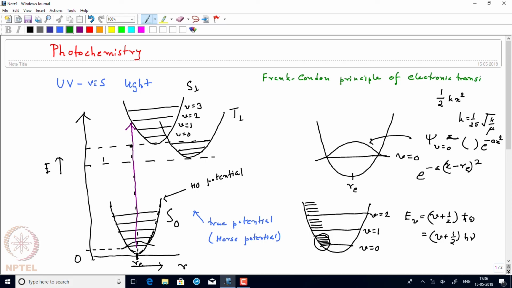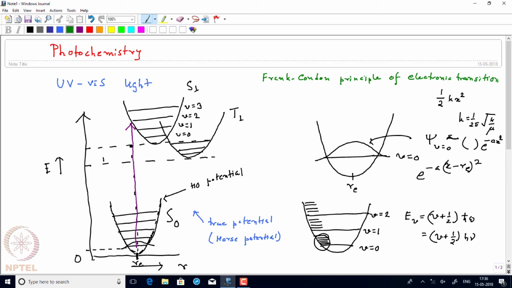It says that during the electronic transition, the vibrational motion will be fixed, and on this diagram I can show that the vibrational motion is specifically frozen, that there is no vibrational motion during the electronic transition.